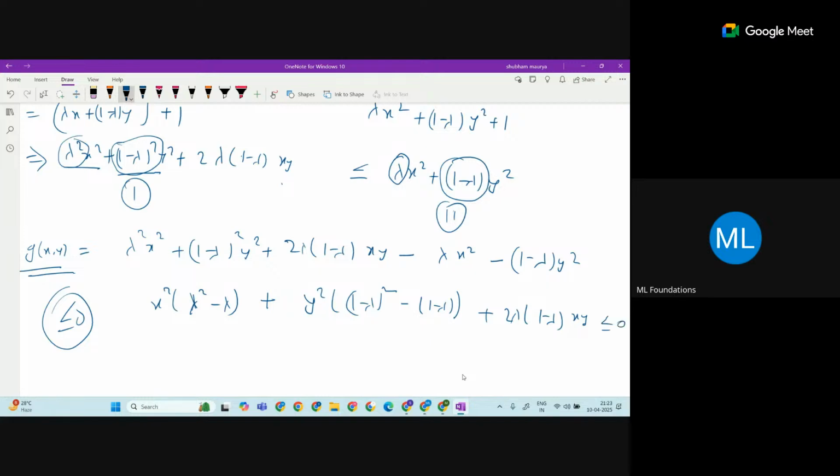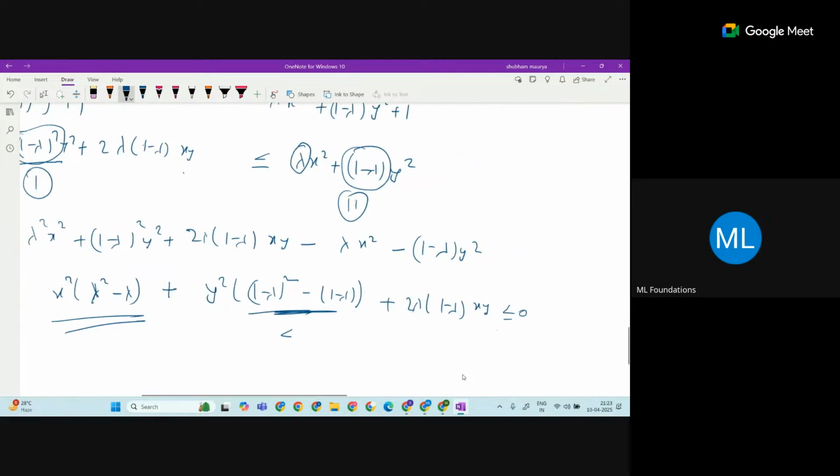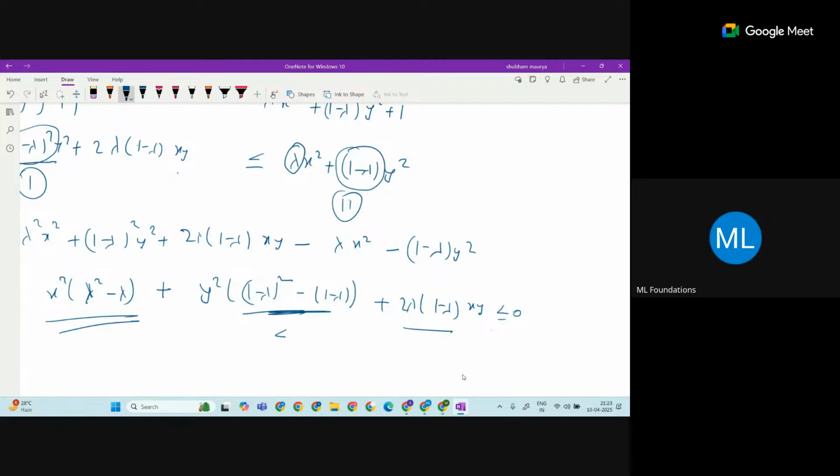Is this going to be less than or equal to 0 always? It is very difficult to decide. This portion is negative, it is very clear. This portion is also negative, so the whole thing is negative.